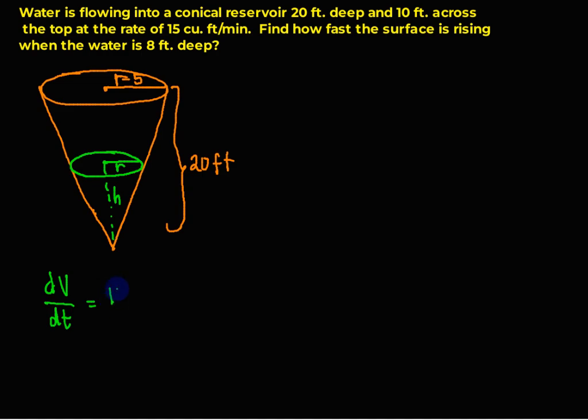That's 15 cubic feet per minute. Then we have the height, 8 feet. We're going to use that height later. Okay, recall, what's the formula to find the volume of a cone? That is 1/3 pi r squared height.